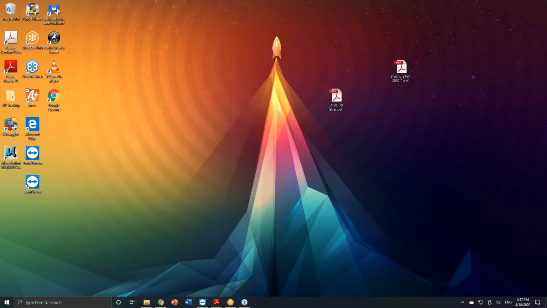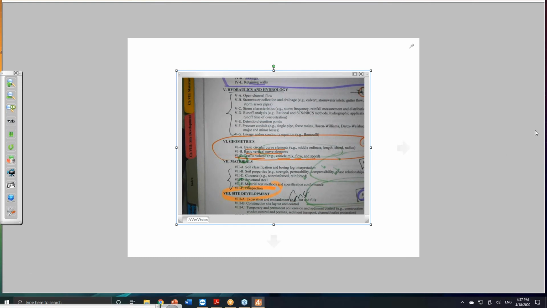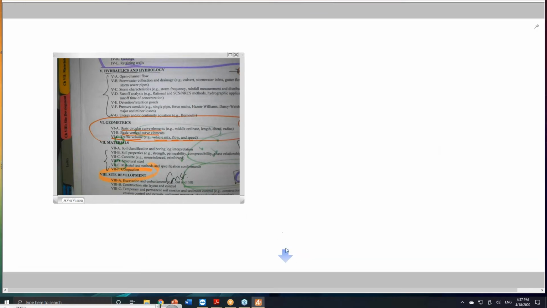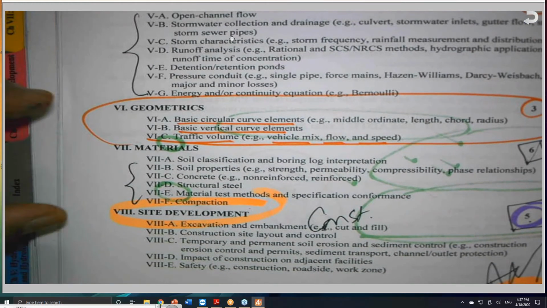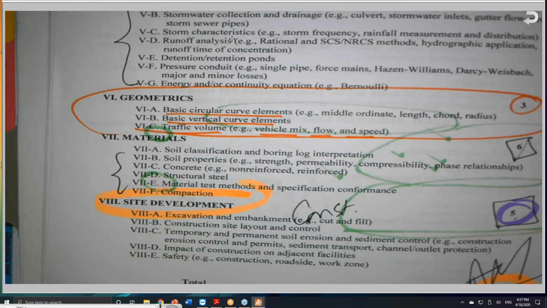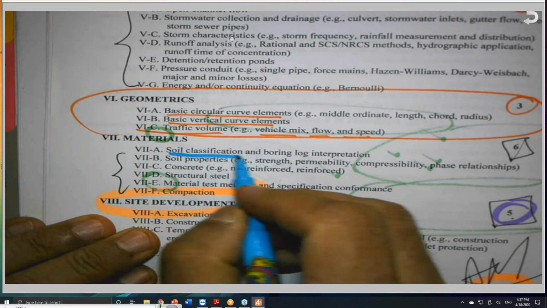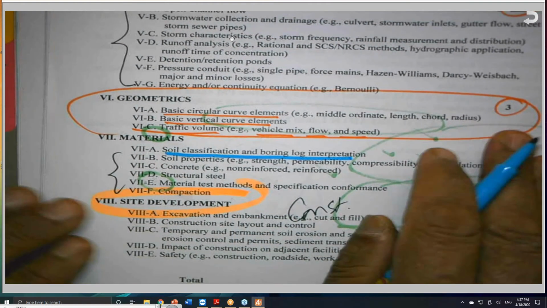So if you look to the NCEES, you will find that under materials they have these topics and the percentage or the number of questions related to this materials section. First one is soil classification and boring log interpretation.